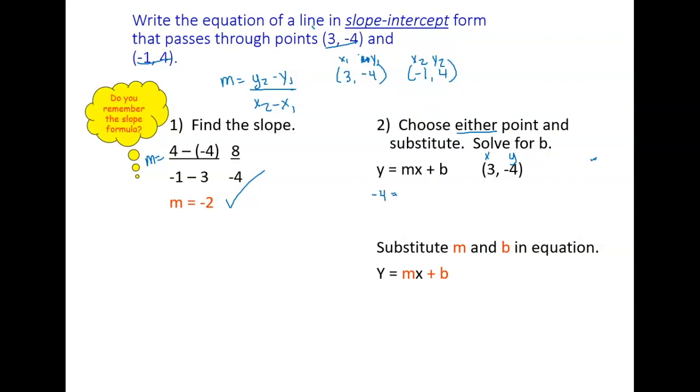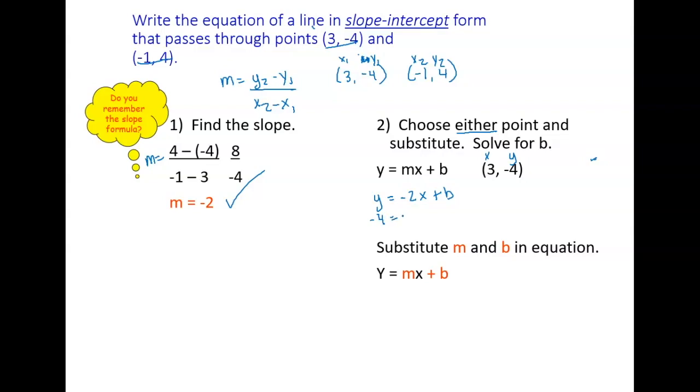So for y is -4, m is -2, right? Maybe I should start by writing that part out first, so as not to lose you. Okay. So we found our slope. So now instead of just mx plus b, we have negative 2x plus b because I found my slope. So now I'm going to sub in my y.